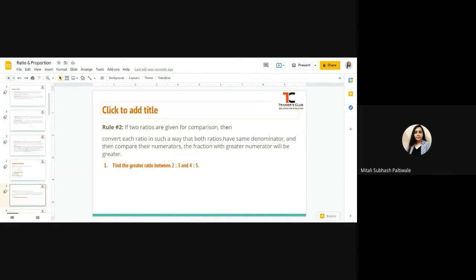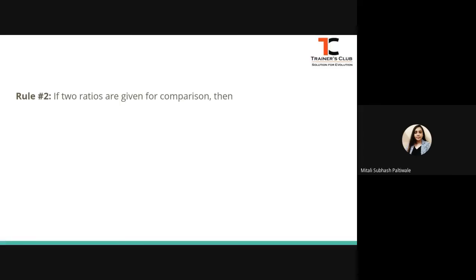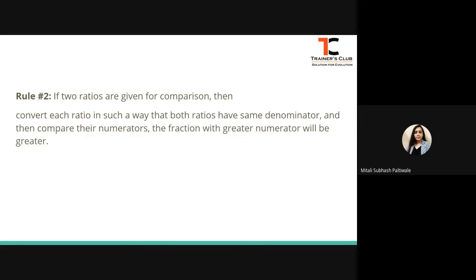Now let's move a little more ahead and look at this. If there are two different ratios given for comparison, then convert each of the ratios in such a way that both the ratios will have the same denominator. Okay, two different ratios are given in the question.